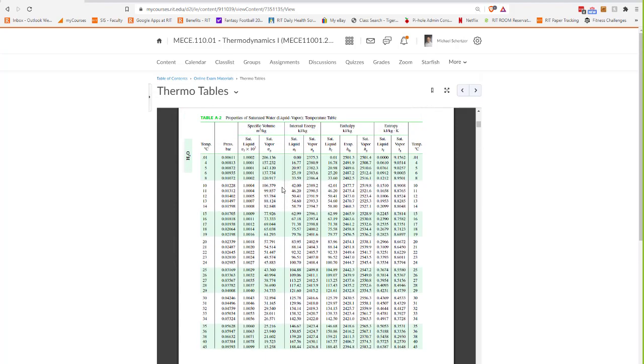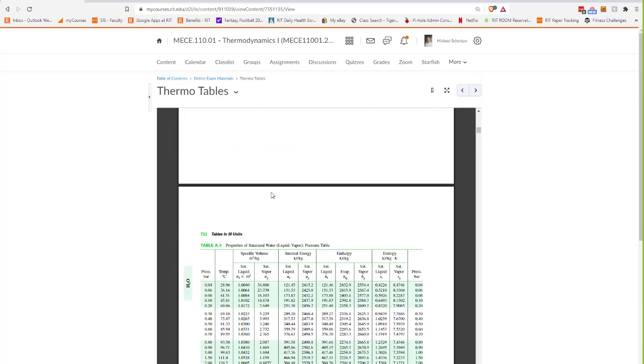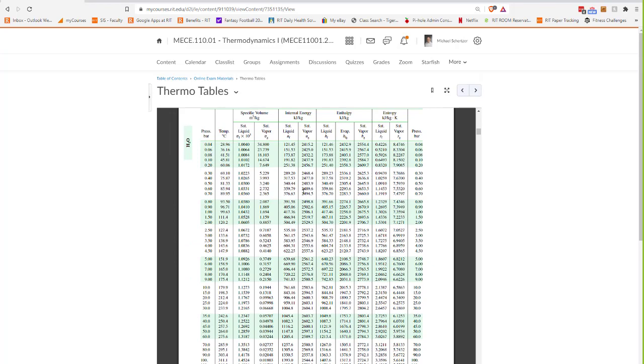So let's do it in pressure, because I think it's a little more intuitive. Remember, this is our saturated liquid specific volume, but it's multiplied by 1,000. So this is really always 1 over 1,000. One atmosphere is kind of here, so it's 1.04.